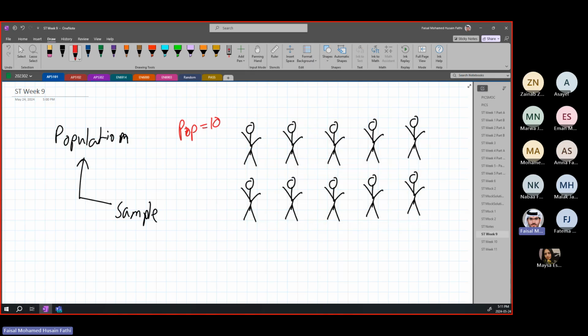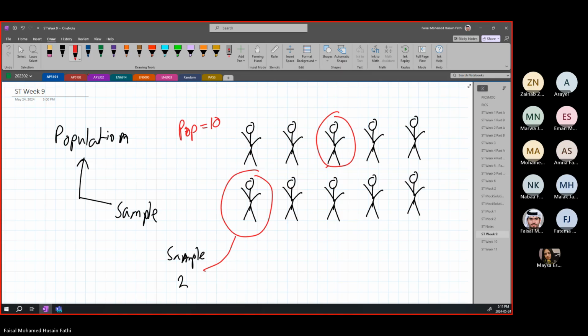And we would like to gather data about these people. We will take a sample from these people. For example, we're going to select this person and this person. Let's say we want a sample of 2. A sample of 2 means we're going to select 2 random people using different selection methods.